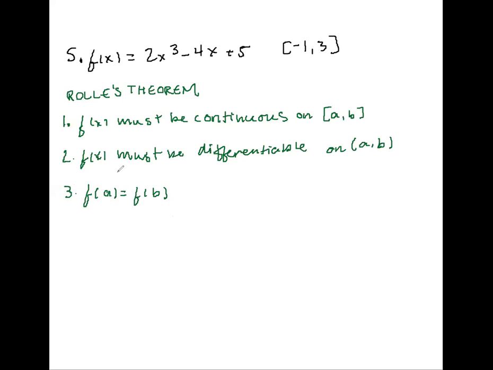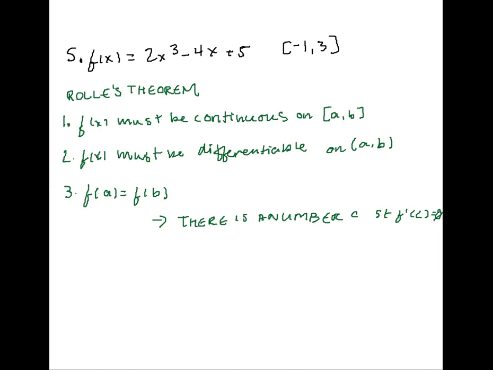If all of these conditions are met, then there is a number c such that f prime of c is equal to 0.